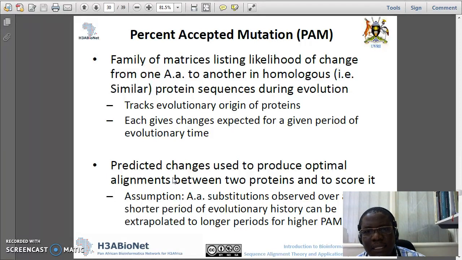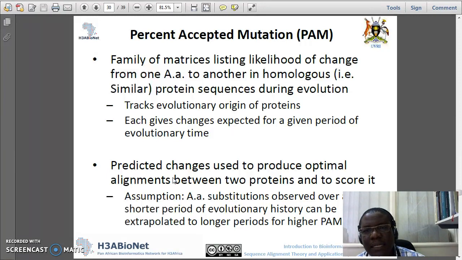And the assumption is that the substitutions that are observed over a shorter period of evolutionary history can be extrapolated to longer periods, to higher PAMs. So you can start your calculation based on, say, a 1% divergence of sequences from your reference.